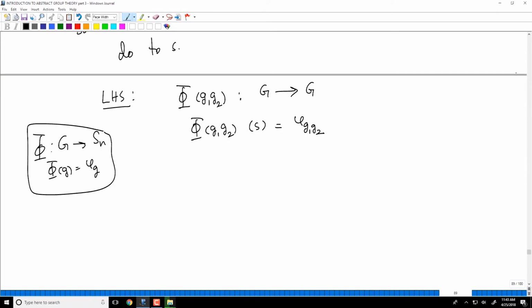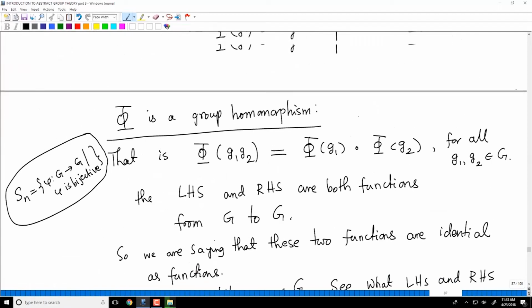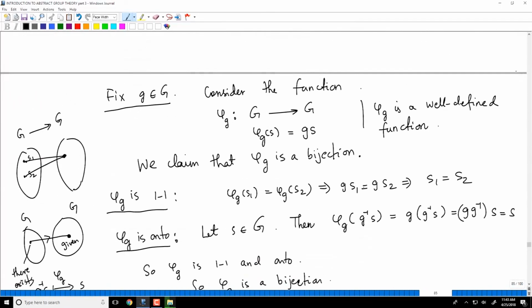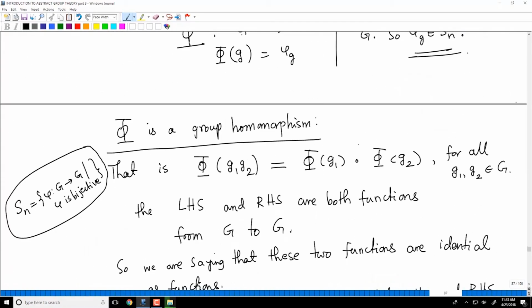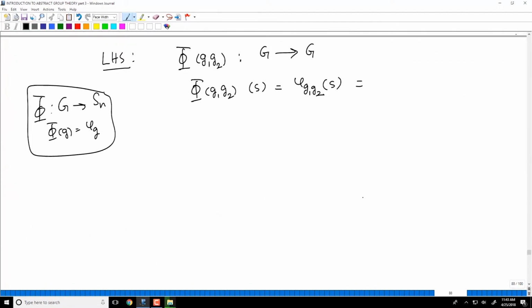That is the function small phi. So Phi of g1g2 is small phi sub g1g2, and then applied to s it is this. But what is this? Now small phi was defined way back in the beginning of the proof. Small phi sub g of s is gs. So small phi sub g1g2 of s is g1g2s. Okay, this is what LHS does to small s.